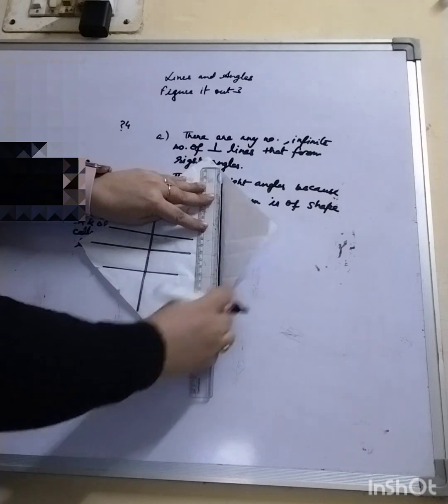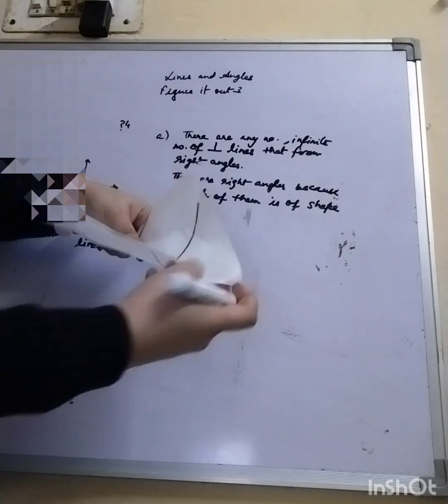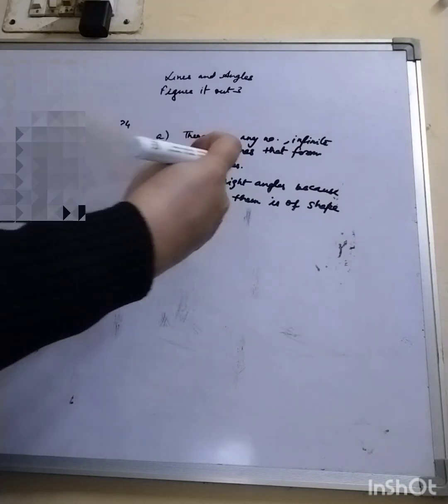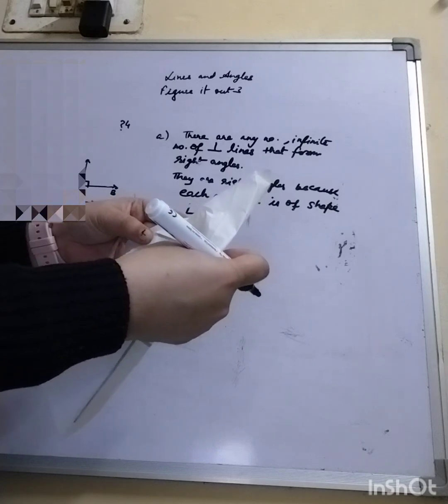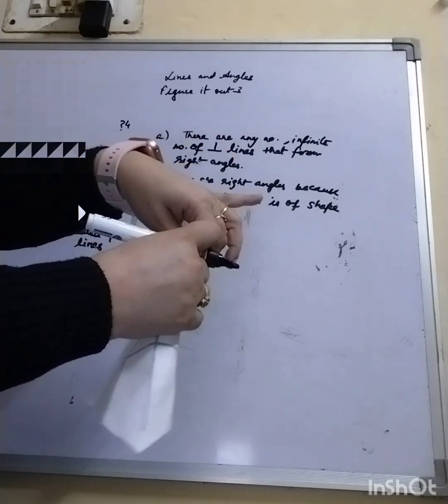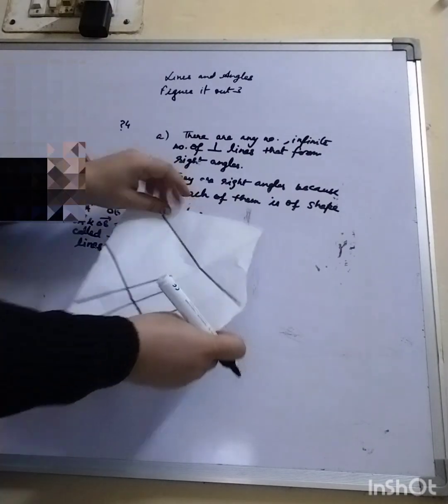If you give it any fold here, you get a crease, and then you simply have to superimpose this line over the other part of the line. A part of the line over the other part of the line, you simply have to superimpose each other.